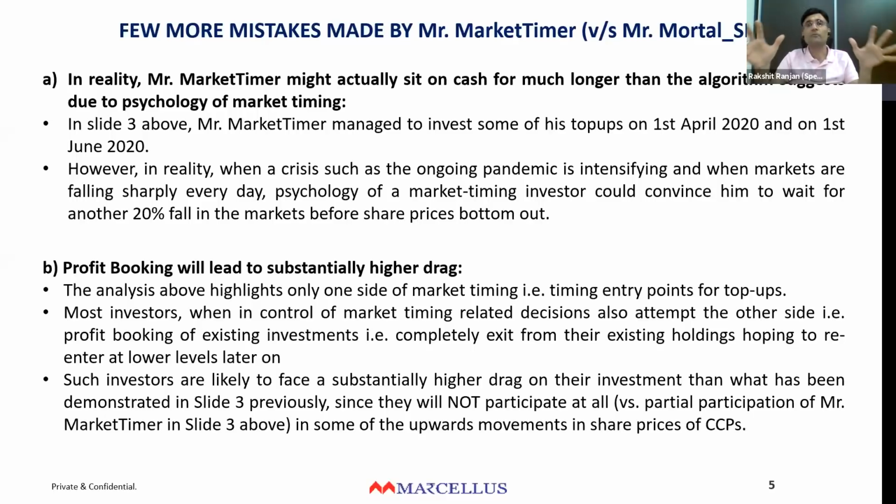A market timer would have continued to wait, saying that this is worse than GFC, this is worse than World War II, this is something the world has not seen in over 100 years. And hence the wait is actually a lot longer than what we've used in our analysis.